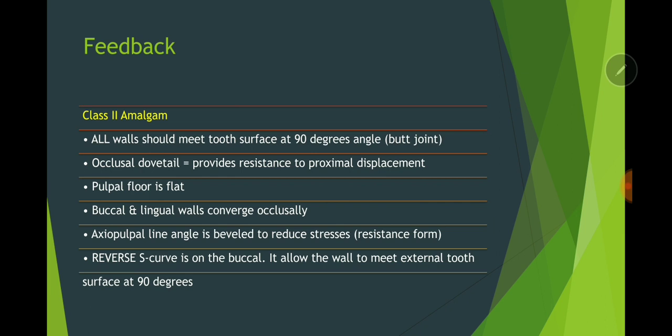So you have to know the class 2 amalgam preparation is critical, all right? So don't go in this exam without knowing these characteristics. And the buccal and lingual walls are convergent occlusally. The axiopulpal line angle is beveled to reduce stress, or is beveled for resistance form. And the reverse S-curve is on the buccal, and this allows the wall to meet the external tooth surface at 90 degrees. So this slide, very important for your review, okay?